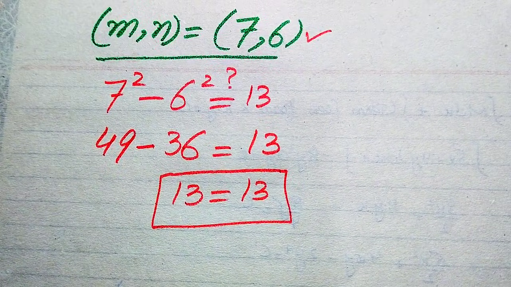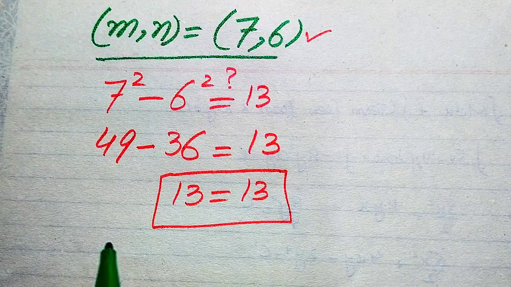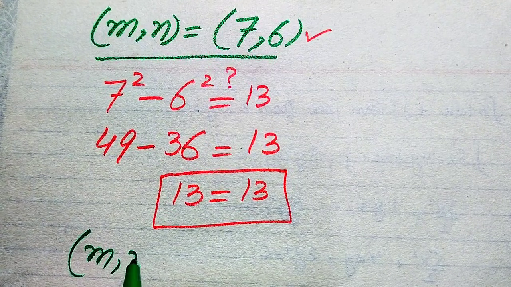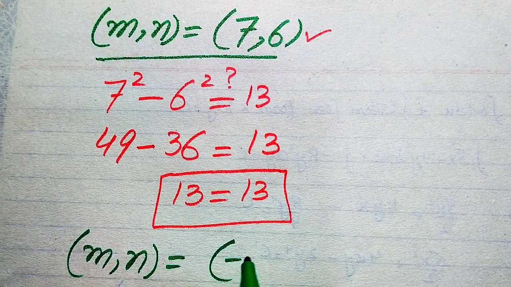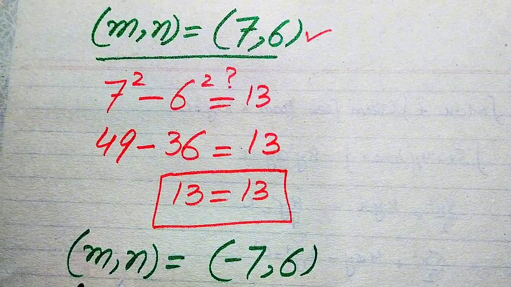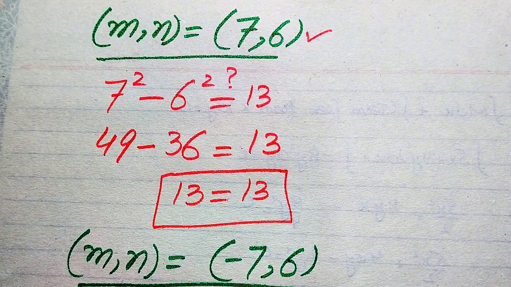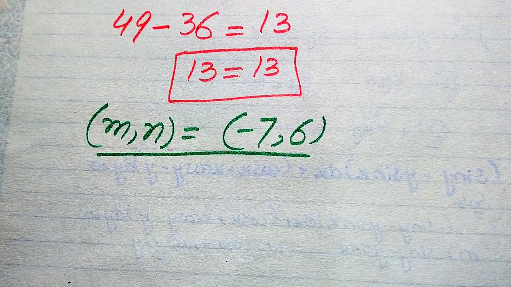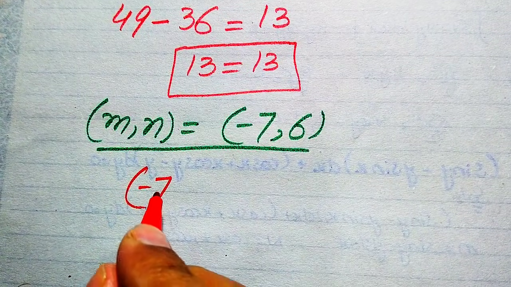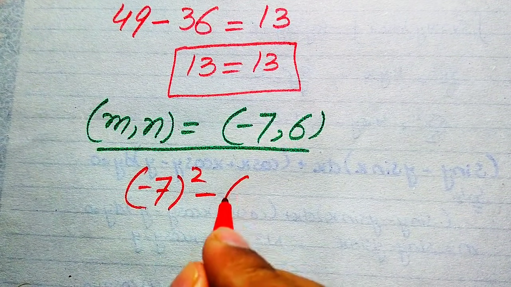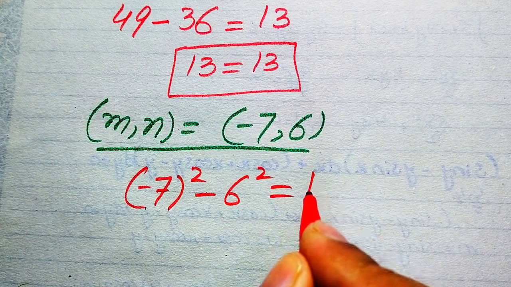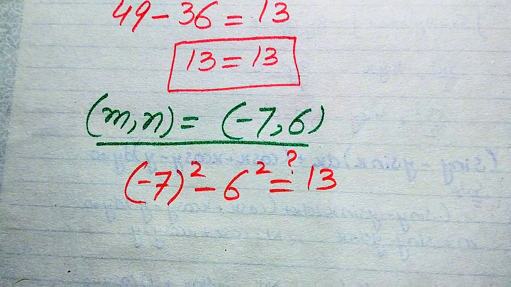And further in the next step we move towards our second roots, so our second roots are m, n equals -7 and 6. So now we put these two values into the given question statement, and after substituting this it will be written as -7 square minus 6 square equals 13 or not.